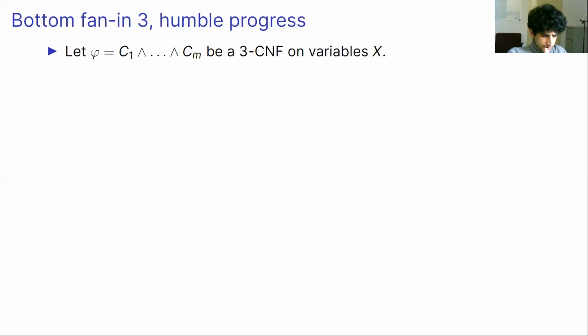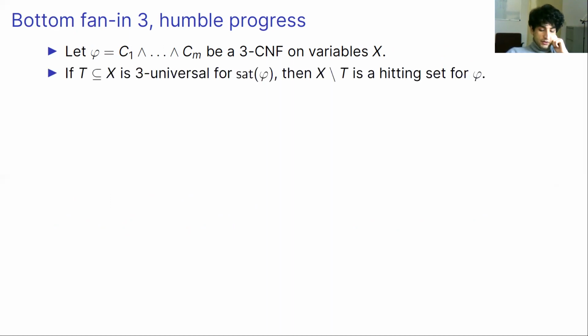What about 3 CNFs? So as I mentioned earlier, that was our main motivation to look at 3 CNFs. We can prove something here as well, although it's very, very humble. Consider a 3 CNF. Consider a set of variables, which we can think of as coordinates, which are 3 universal for the set of satisfying assignments.